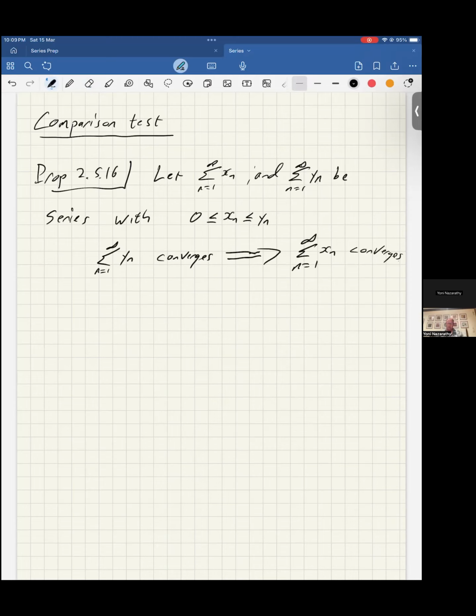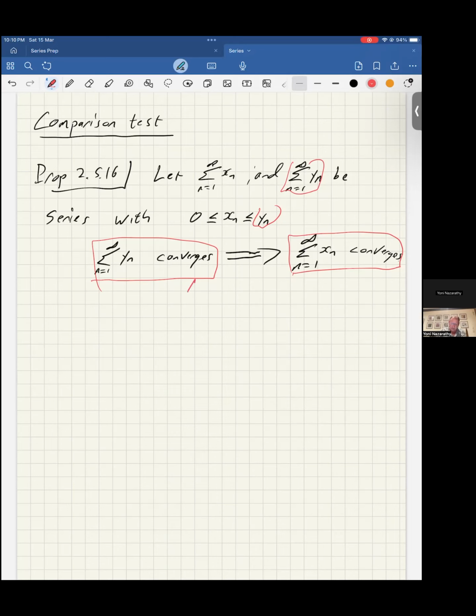Now, I would like to say that this is pretty much the claim. If this yn series converges, and it is above, it means that the series of xn converges. The other part of what's called the comparison test is nothing but the contrapositive of this statement.